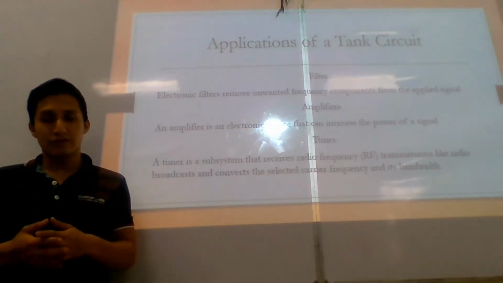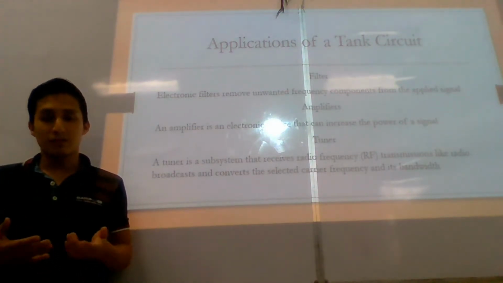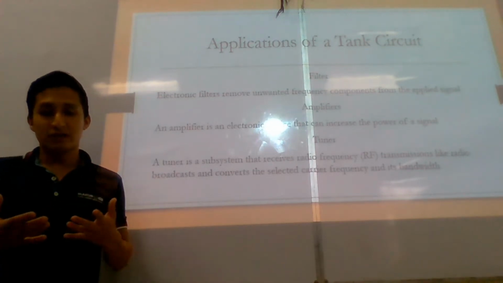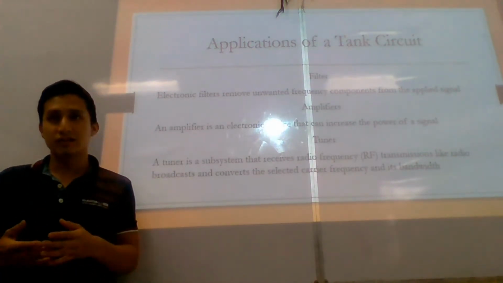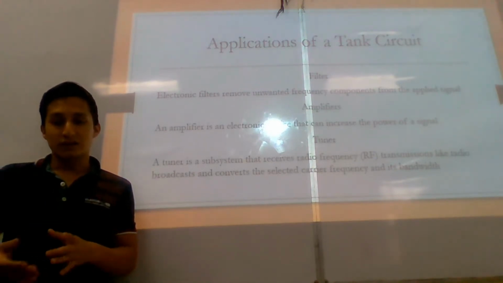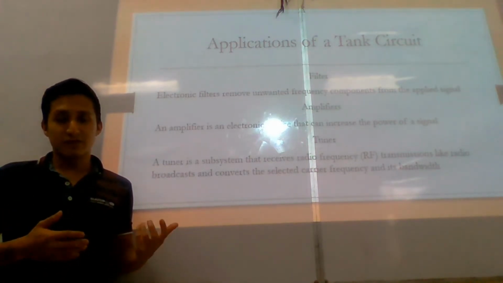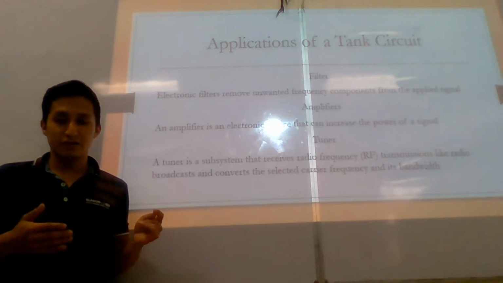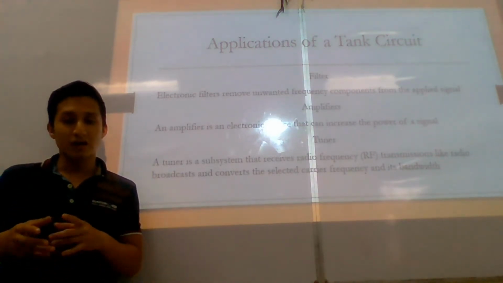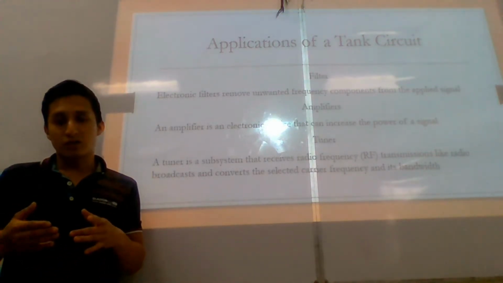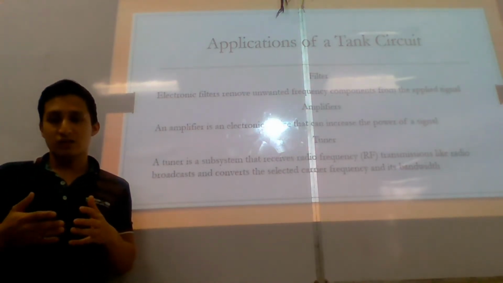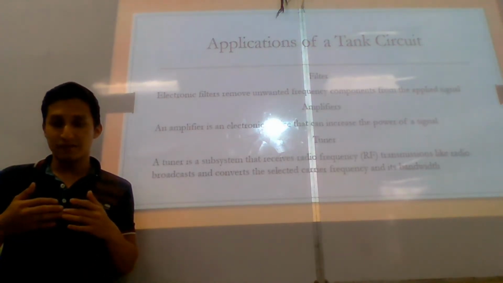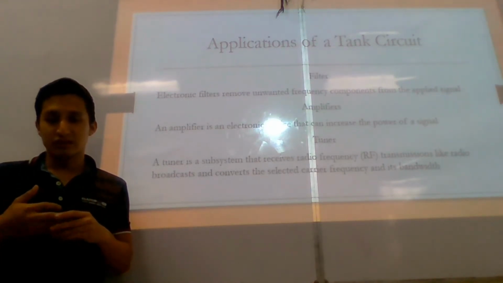An example of an amplifier is the audio amplifier, which amplifies audio in the range of less than 20 kilohertz. Another amplifier is the RF amplifier, which works in the range between 20 kilohertz and 300 gigahertz.